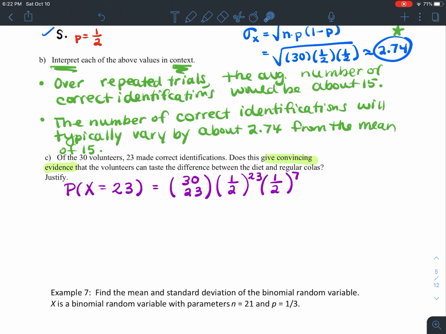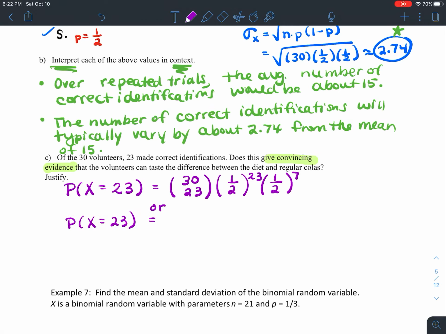The way this works is it's an n for the number of trials, the x, the probability that we're trying to find x successes, the probability of a success raised to an exponent of that many successes times the probability of a failure with the remaining amount that would be failures. These always have to add up to the total number of trials.